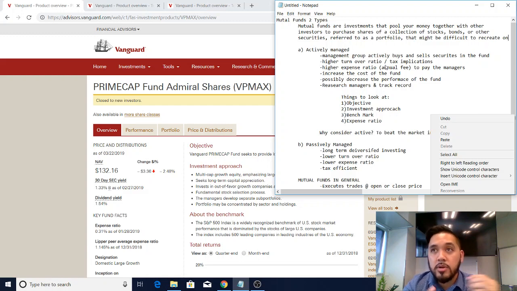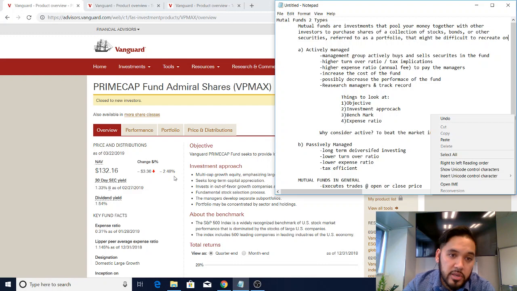So a higher expense ratio is incorporated due to these tax implications. Basically, the expense ratio for a mutual fund is the annual fee that the fund charges to the investors to pay out the fund managers.